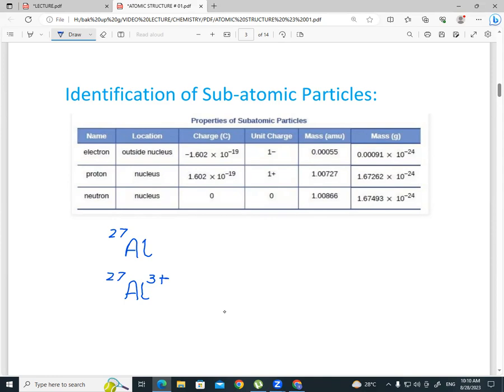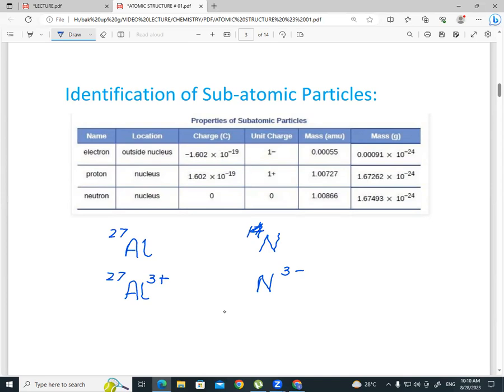In the same way, when we apply this knowledge here for nitrogen, its mass is 14. It gains 3 electrons and becomes a nitride ion, but still its mass remains 14.